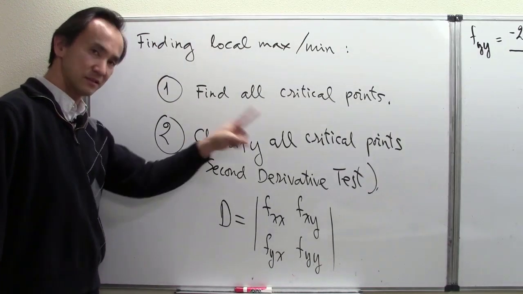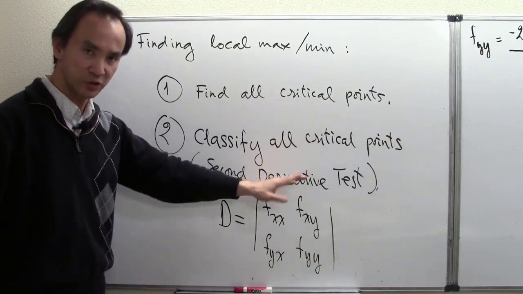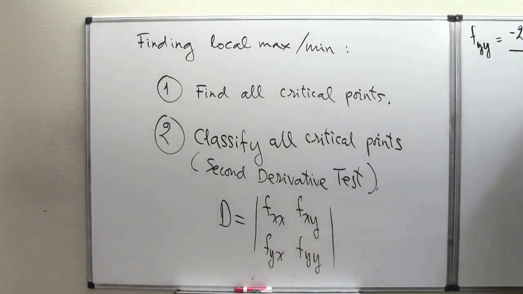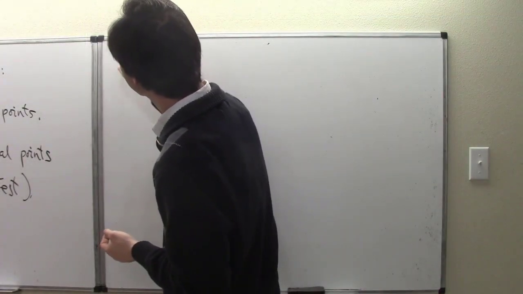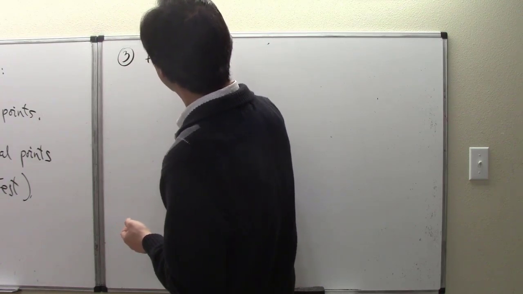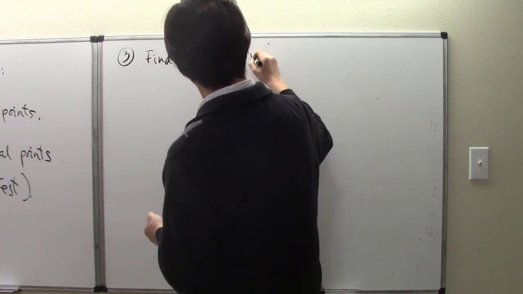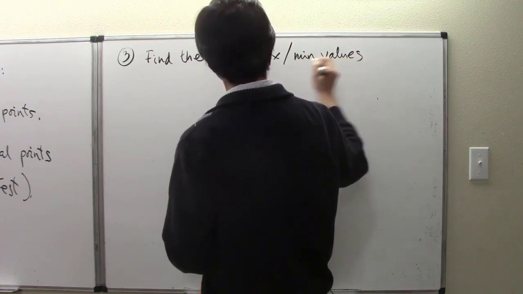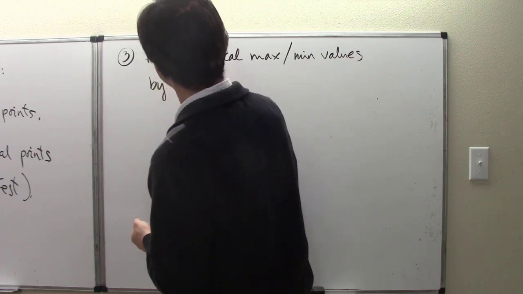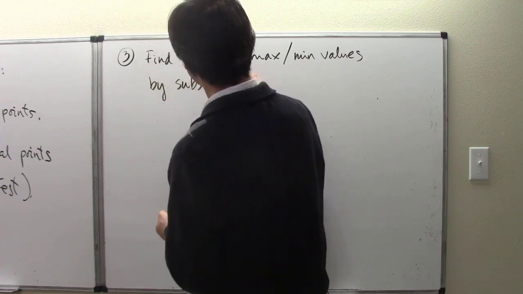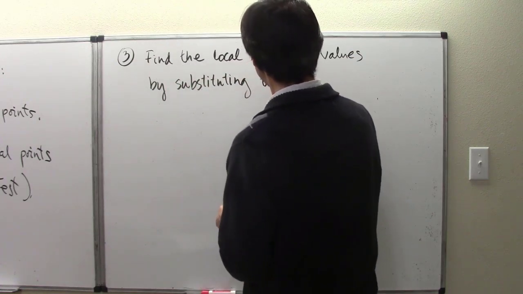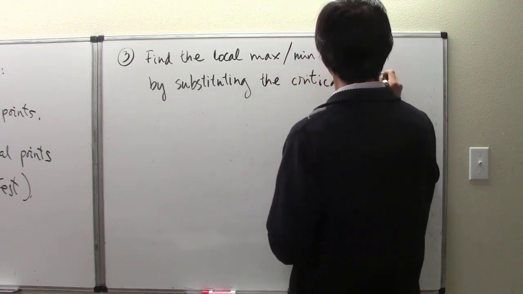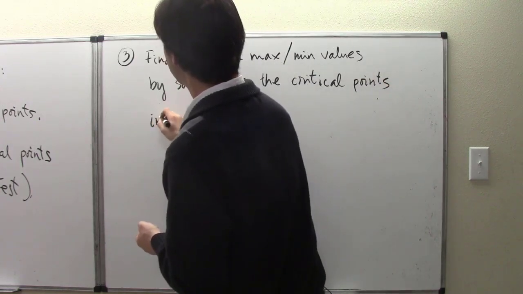All right, and then step 3 is to substitute your critical points that you have already classified, substitute them all into your function. And so we find the local maximum or minimum values by substituting the critical points into the function.